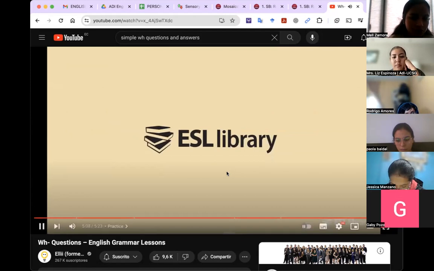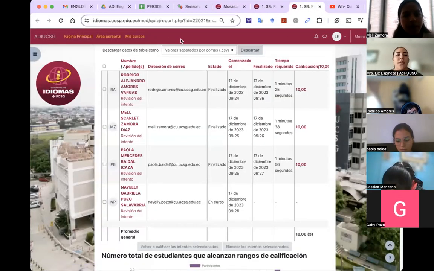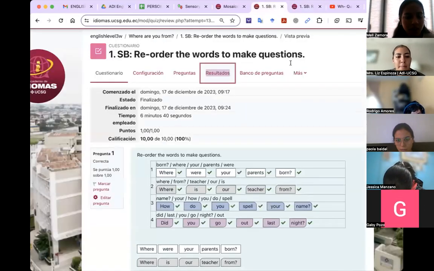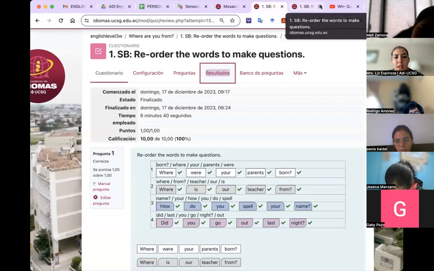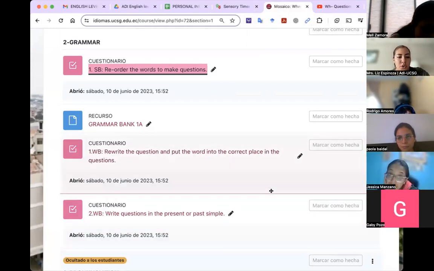Okay, so great. We have finished then the first activity of reordering the words to make questions. And right now we are ready to continue working.